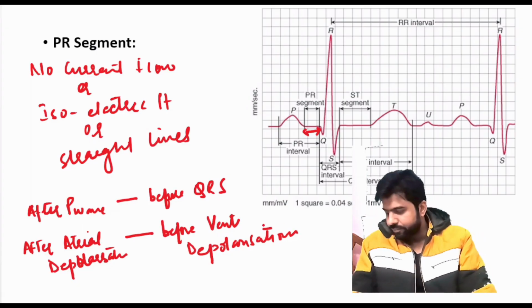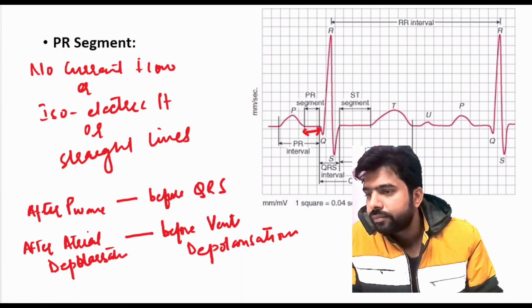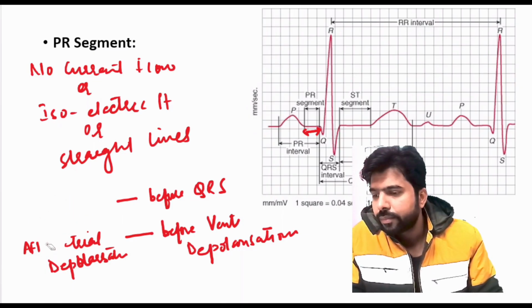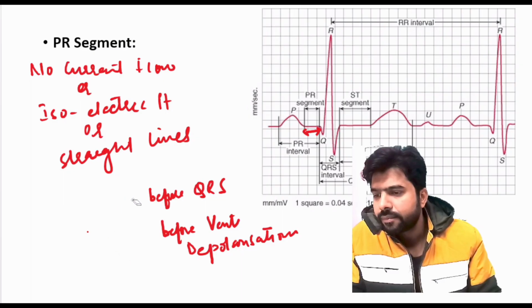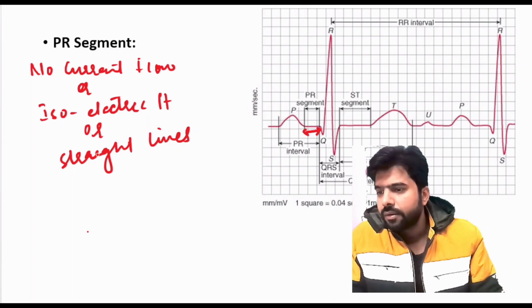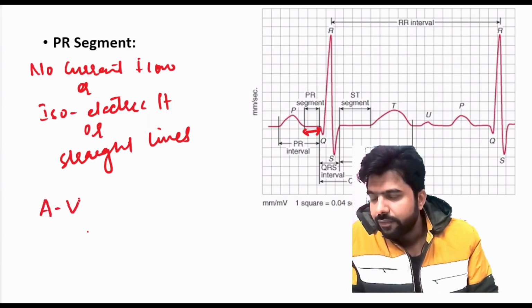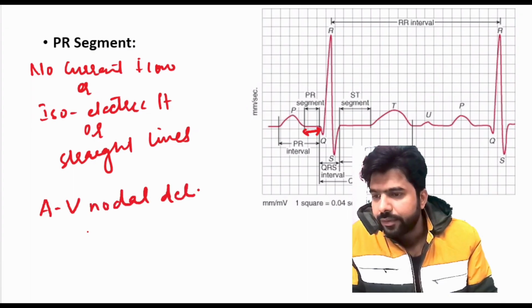Now this PR segment normally denotes AV nodal delay.